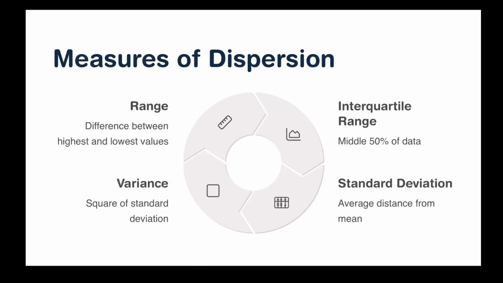The range is the difference between the highest and lowest values. Variance is the square of the standard deviation. Standard deviation is the average distance from the mean, and interquartile range is the middle 50% of the data. Okay, so these are the measures of dispersion.